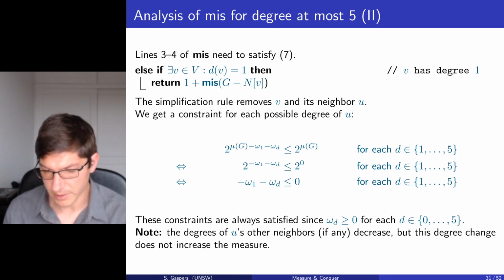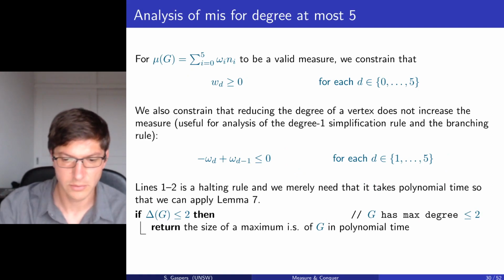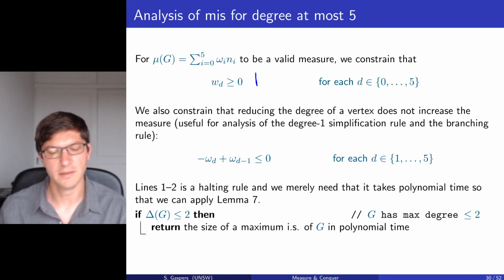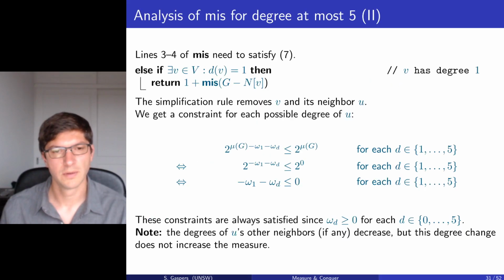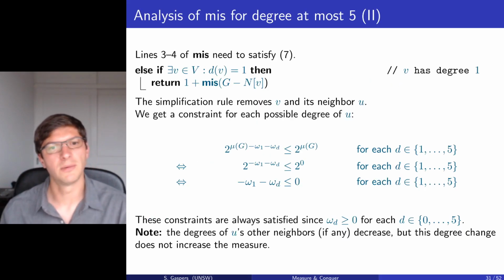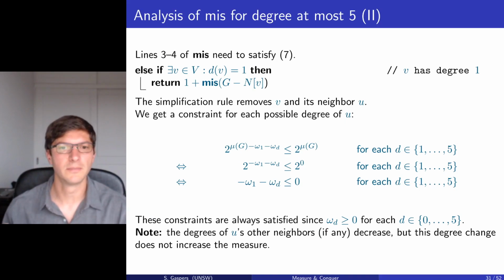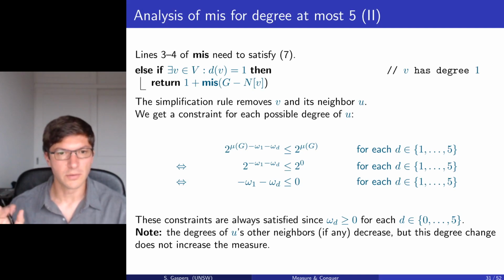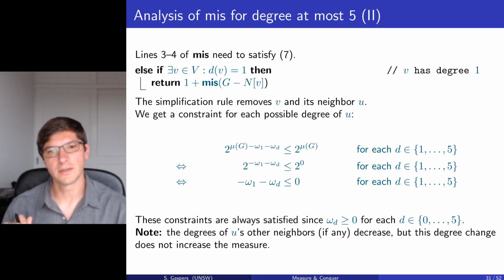Okay, but on the previous slide we already have that for each degree, omega d is at least 0. So here we have a negative omega 1 and a negative omega d. And clearly if omega 1 and omega d are at least 0, then negative omega 1 minus omega d is at most 0. So this constraint here is already satisfied by previous constraints. So we don't even get a new constraint here.